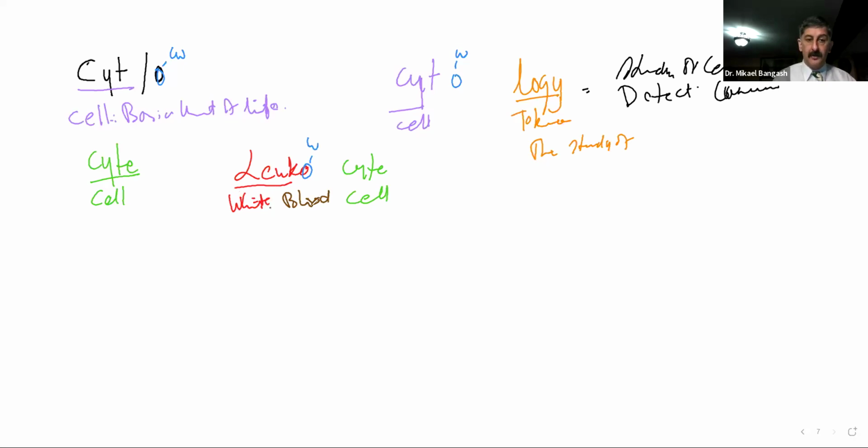What in common terms we refer to as a white blood cell, technically is referred to as a leukocyte. Did you guys get that? You may have heard, we're going to run some tests, get a white blood cell count. Leukocyte count.